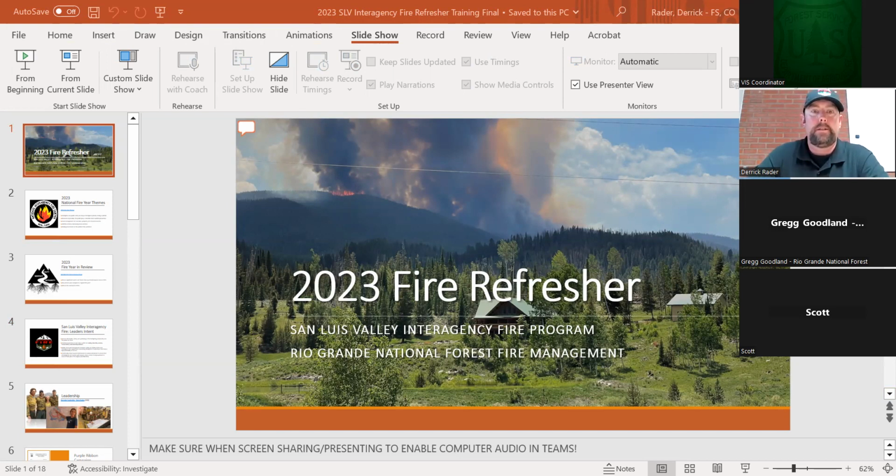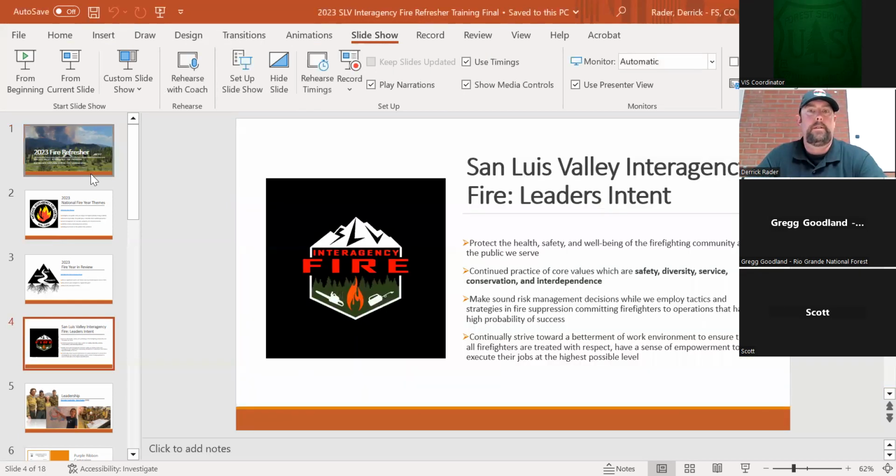Maybe click from the beginning again. Well, I guess we see his version too, everybody. So you're able to see the version though, Greg? Yeah, we can see the slide that says the leader's intent right now. Okay. How about now? Okay, so we'll just go through this so everybody can visualize what we're talking about.